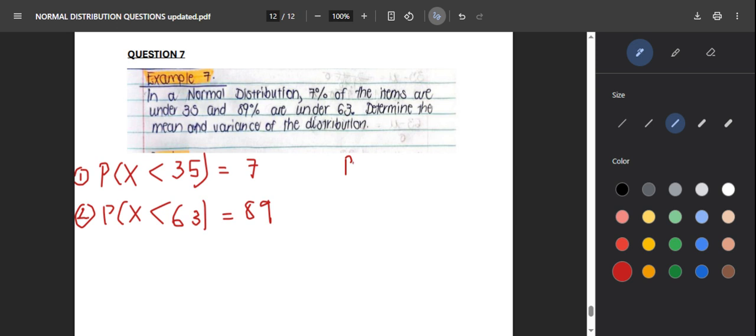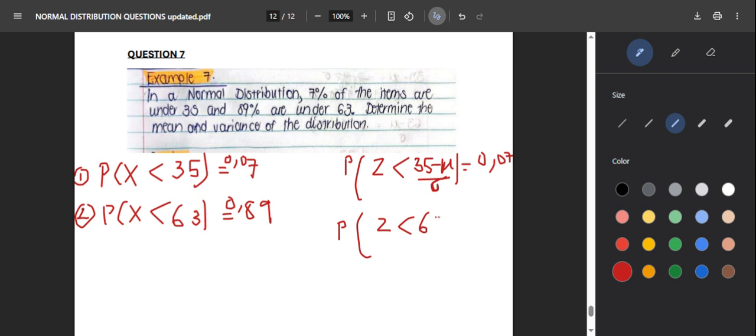So in this case, we're going to say the probability of z being less than (35 minus mu) over sigma is equal to 0.07. I'm sorry, instead of writing 7, let us write it as 0.07, and instead of writing 89, let it be written as 0.89. Now, the probability of z being less than (63 minus mu) over sigma is equal to 0.89.